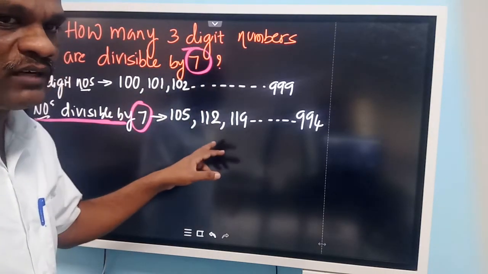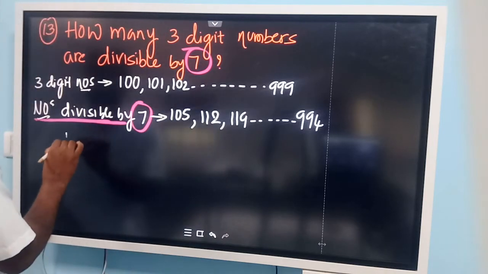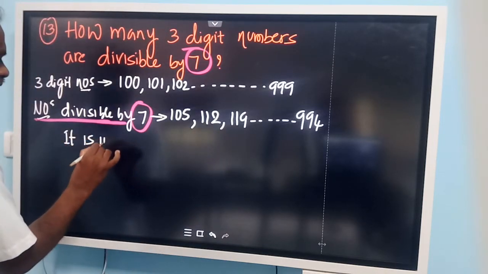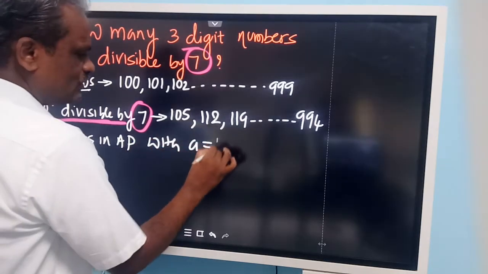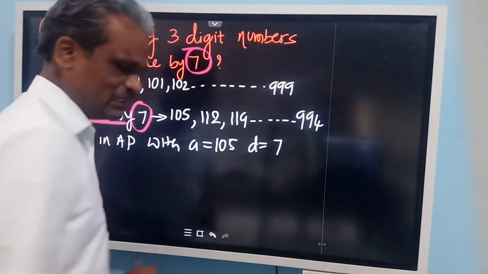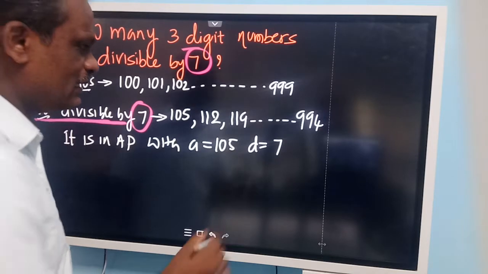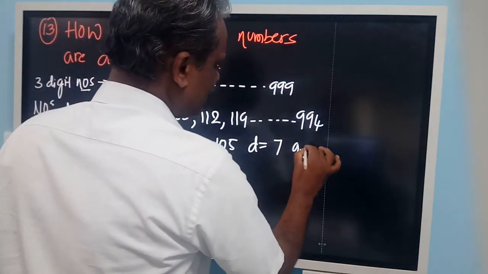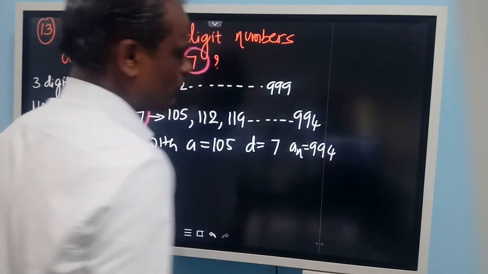Okay, so this is how you can find the list of numbers. Now this is in AP, with first term a equal to 105 and common difference d, you know it is 7 because it's a multiple of 7. Then the last term a_n is 994.